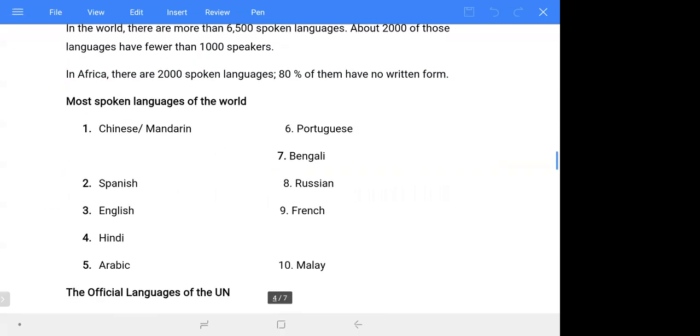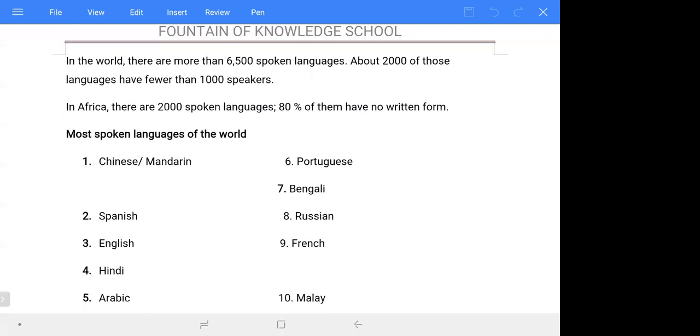Then in the world, there are more than 6,500 spoken languages. Some have a written form and some others do not. But when you check other sources, you may get 7,001 spoken languages.